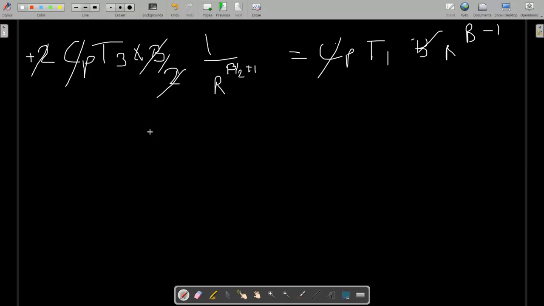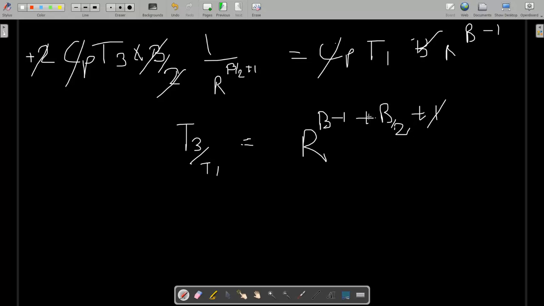So we have the ratio T3 by T1 is equal to R power B minus 1 plus B by 2 plus 1. Because of the multiplication of the same base, the powers will be added.